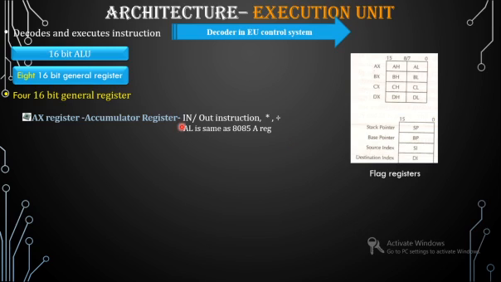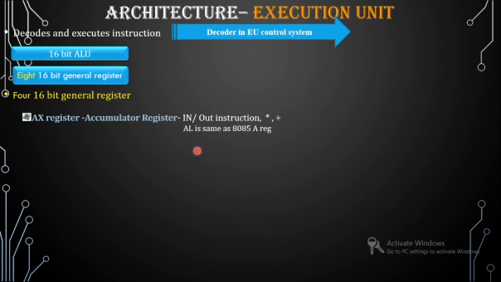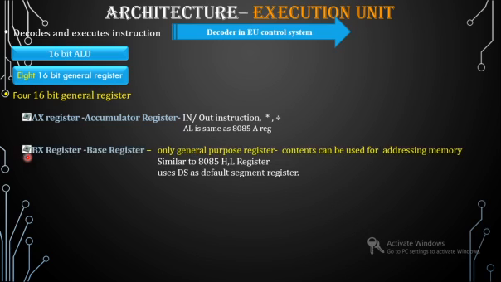And the second register is the base register, and hence the name BX register. It is the only general purpose register which can be used for addressing memory.